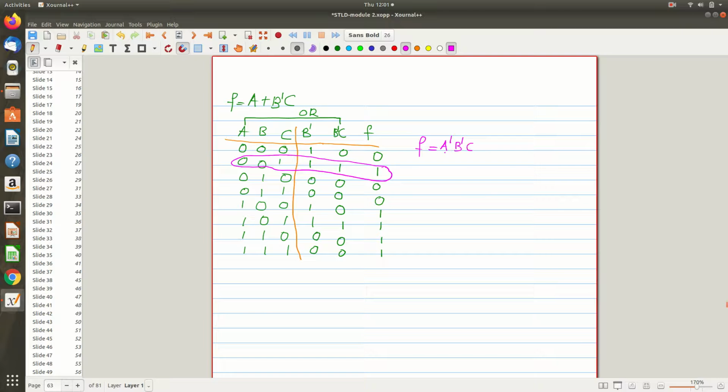So whenever a dash dot b dash dot c is equal to 1, the function is giving me a value of 1. This is one case. Now another case, where OR is represented by plus, where this function is giving me a 1, see, this is here.